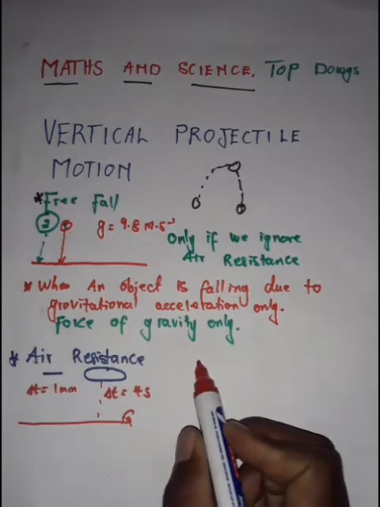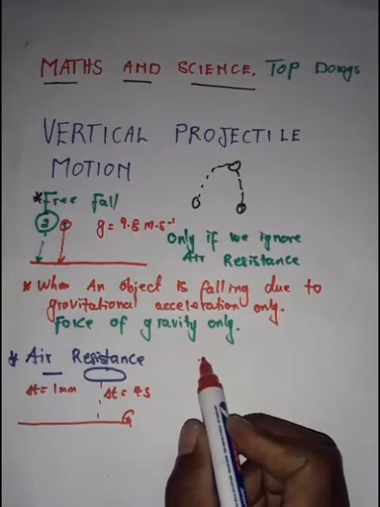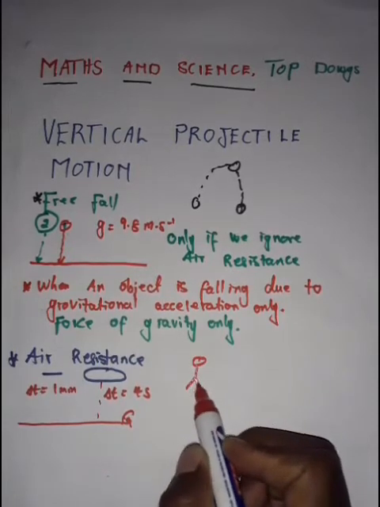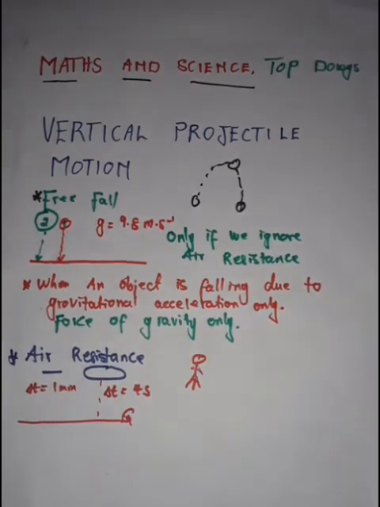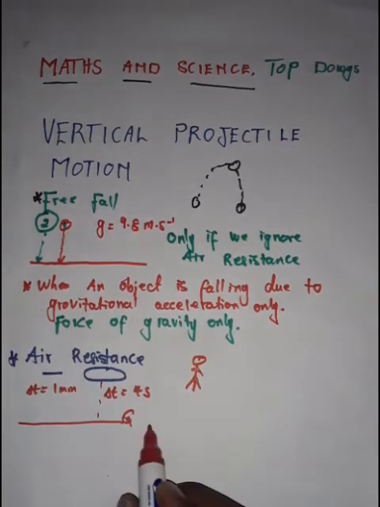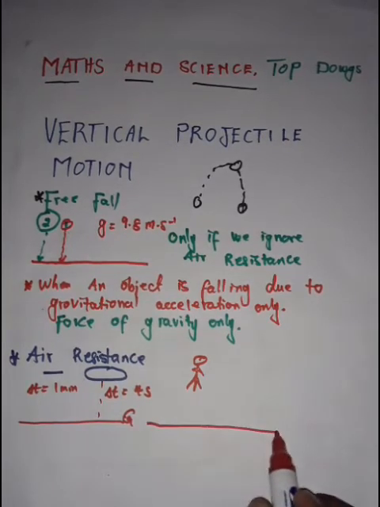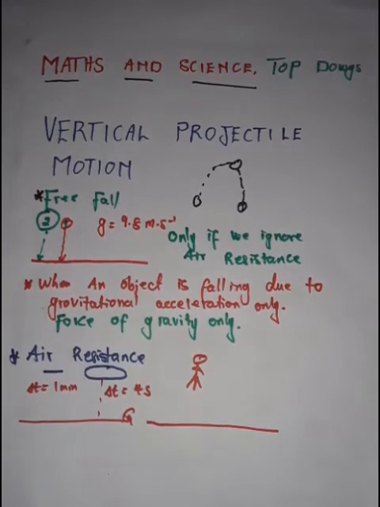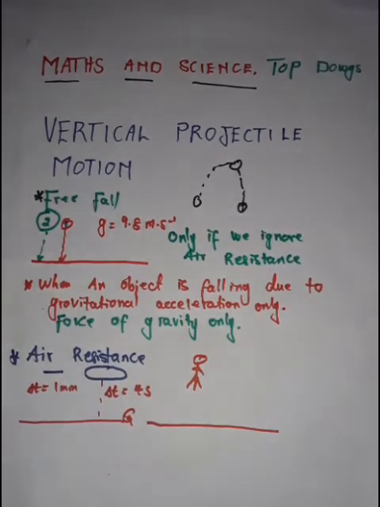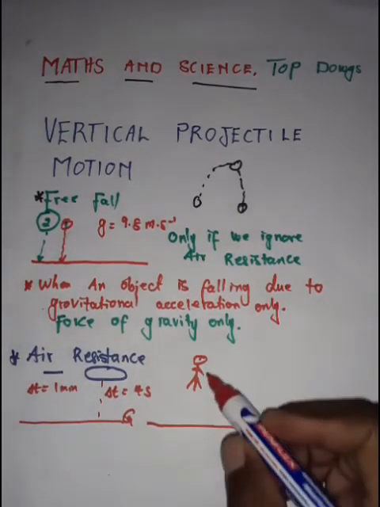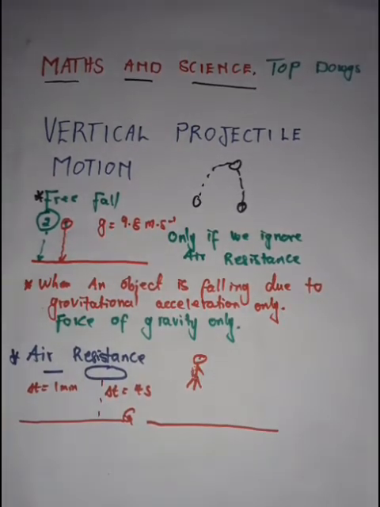Let's say we have some parachute shooter here. This person is falling from a certain height. So this is the height, while this here is the ground. This person is a parachuter who just got off from the helicopter, and the parachute is still back here, so they haven't yet opened the parachute.